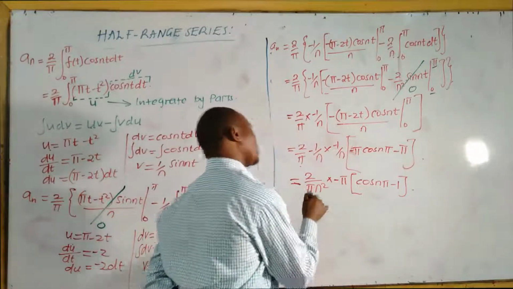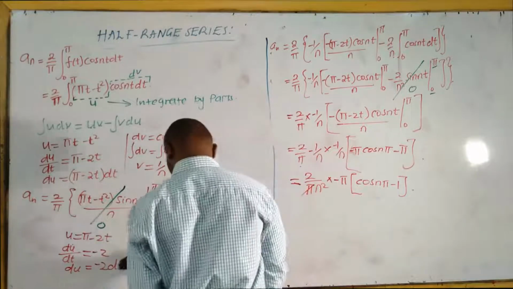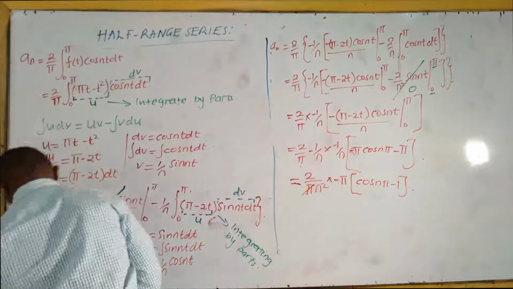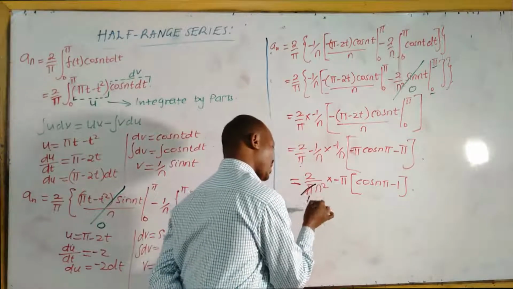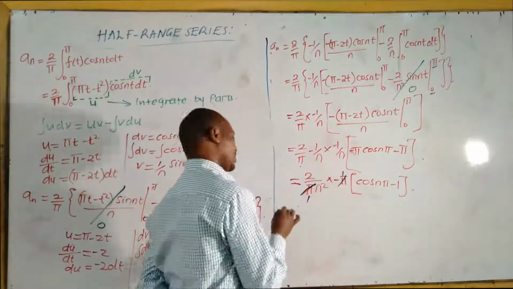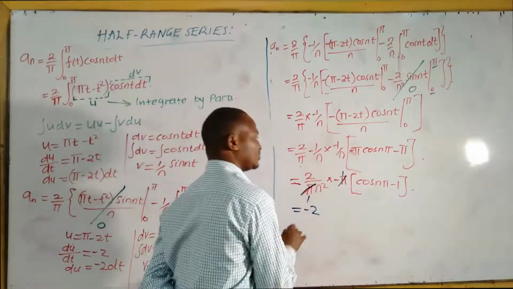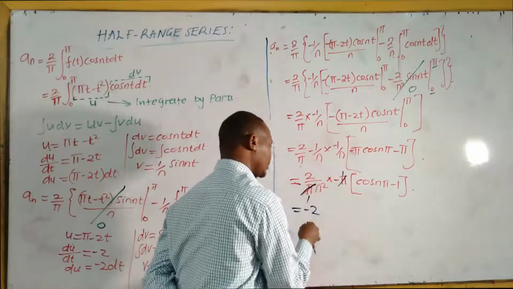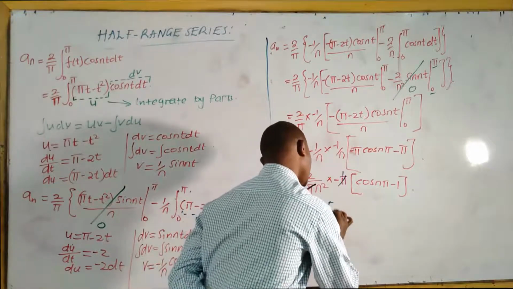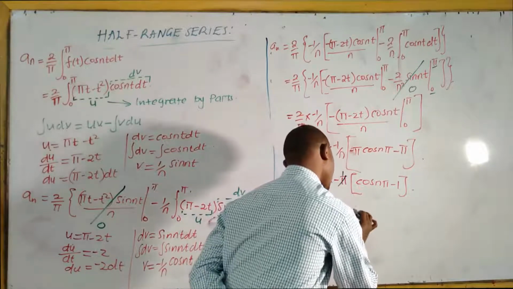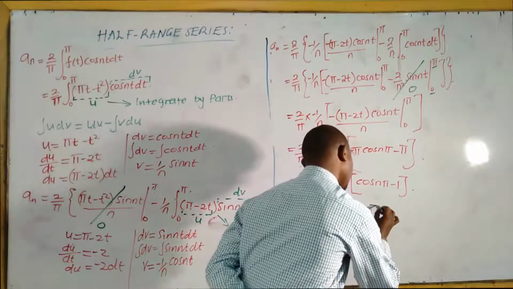So, cancel pi by pi, 1. So it is negative 2, 2 times negative 1, negative 2 over n squared, cos n pi minus 1.